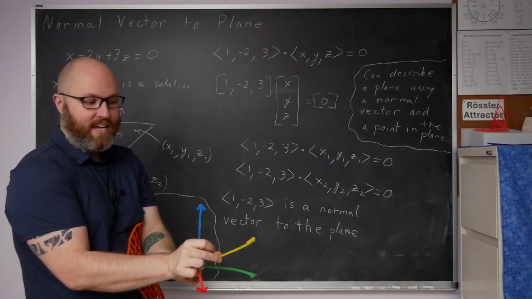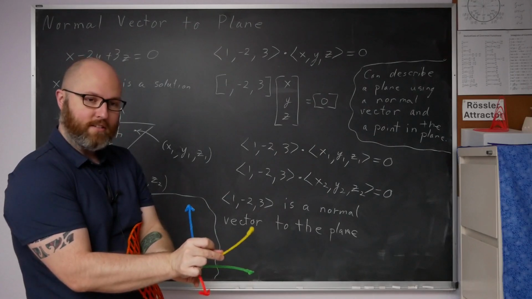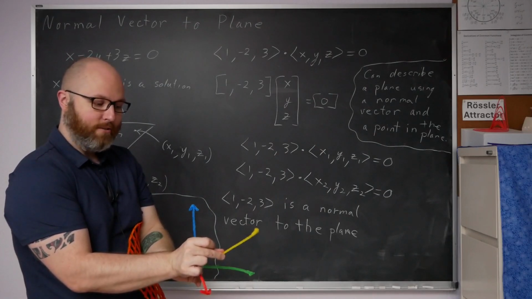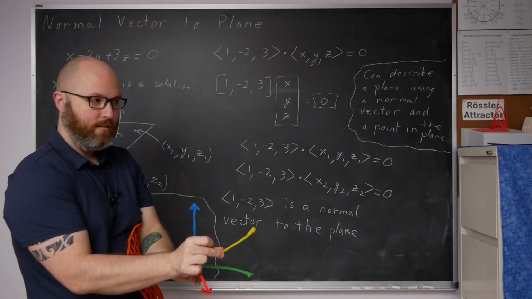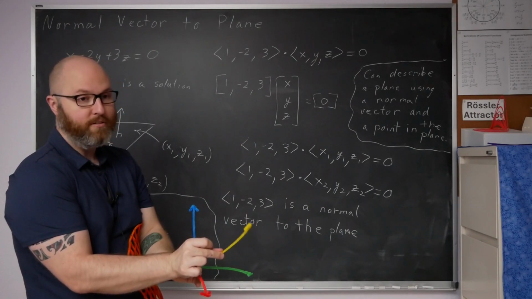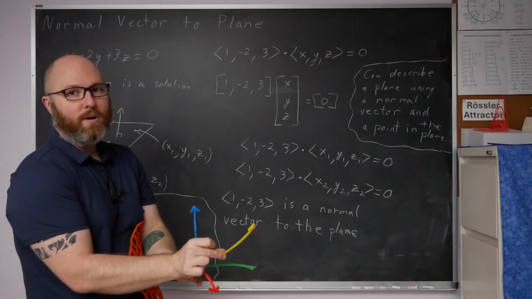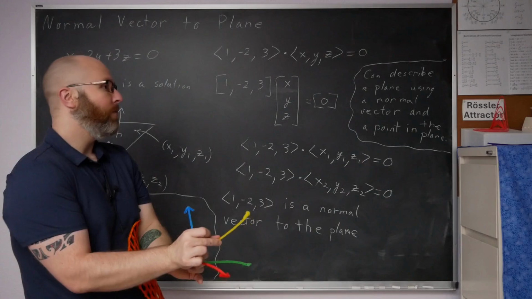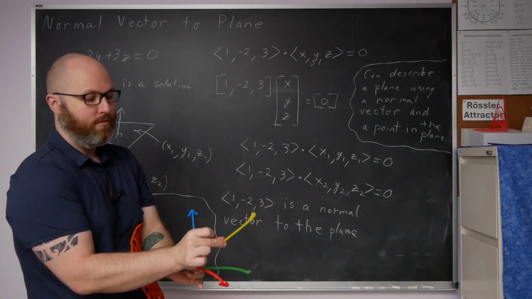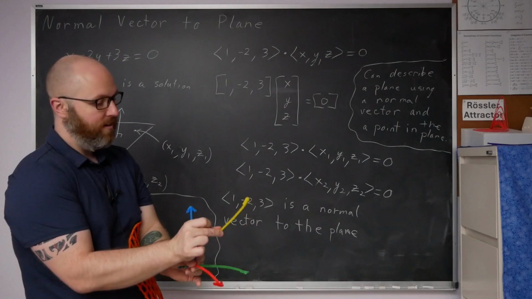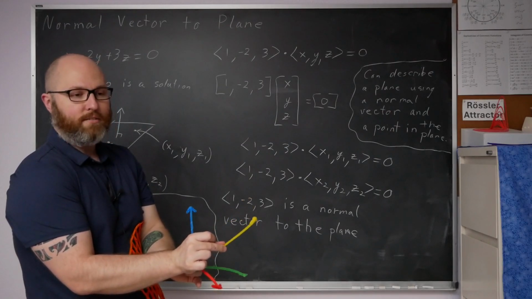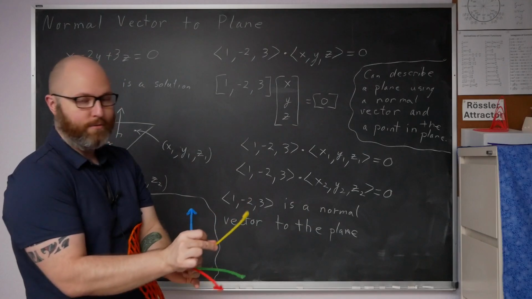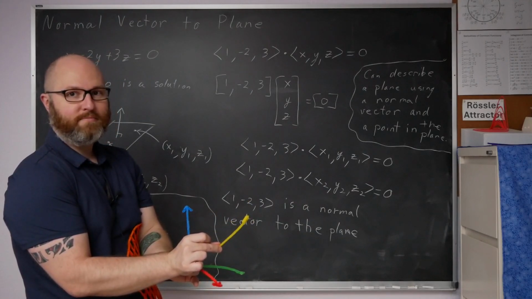There's only one plane that is both normal to this little vector I'm holding, and it goes through the point at the tail of the vector, where I'm holding it. And so it's another unique way to describe the equation of a plane, all the points in a plane. You specify a normal vector to that plane, you specify a point in that plane, and then from that you can tell every single other point in the entire plane.